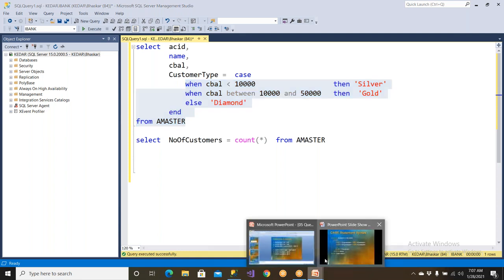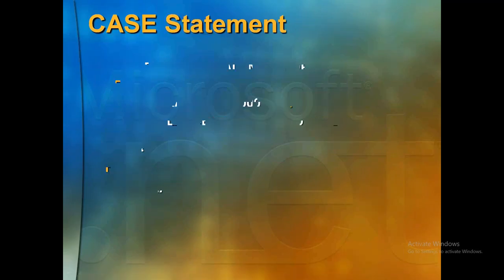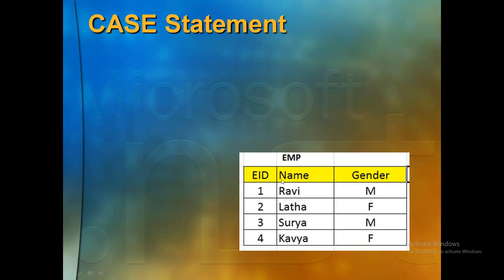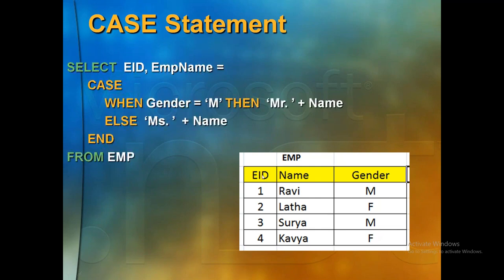Now let me give you some more examples. This is the example we discussed. Now I have a table like one: Ravi, Lata, Surya, Kavya; male, female, male, and female. I wanted to give employee ID and employee name equivalent to case when gender equals M, then the name must be prefixed with Mr., so Mr. Ravi, else it has to be prefixed with Miss, Miss Lata.